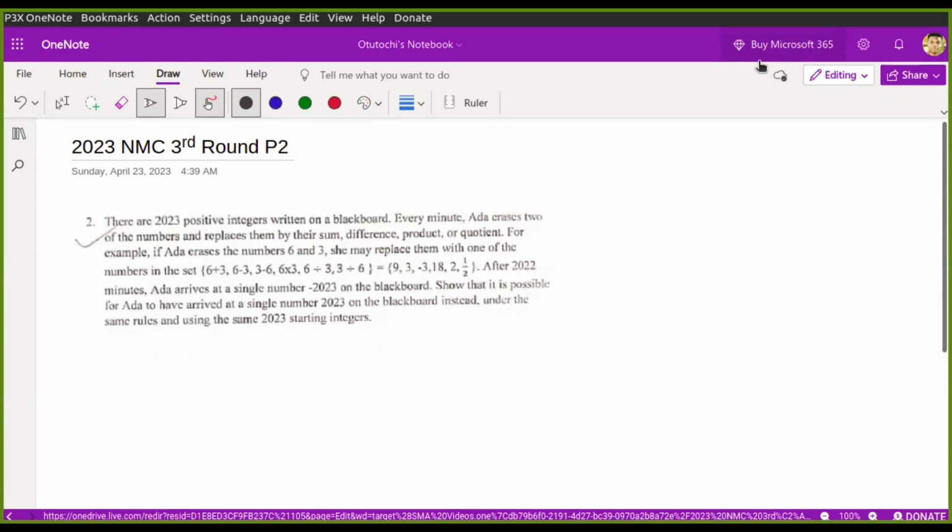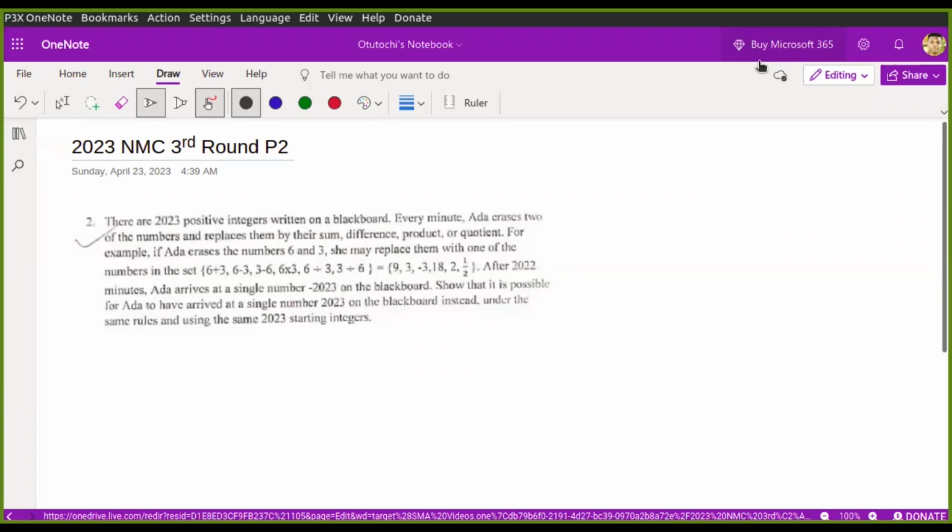So here we are given 2023 positive integers, and Ada plays a kind of game where she just erases two of the numbers and replaces them by either some sum, difference, product, or quotient.